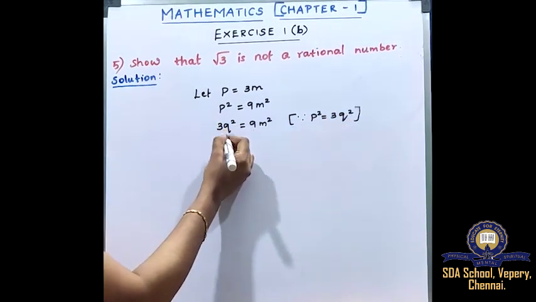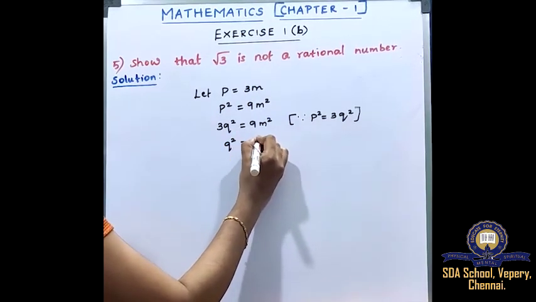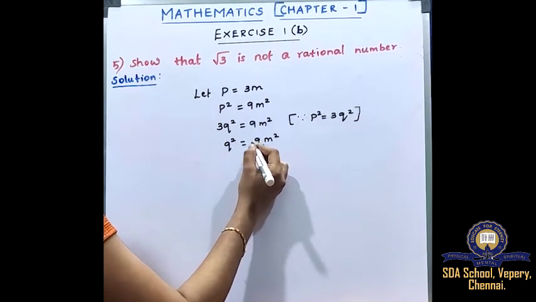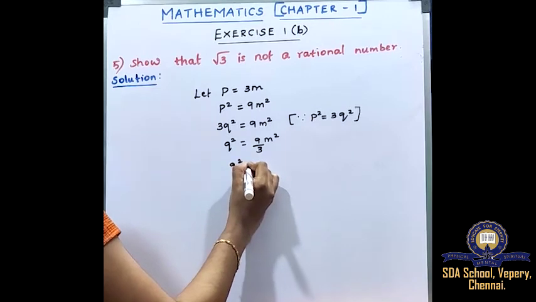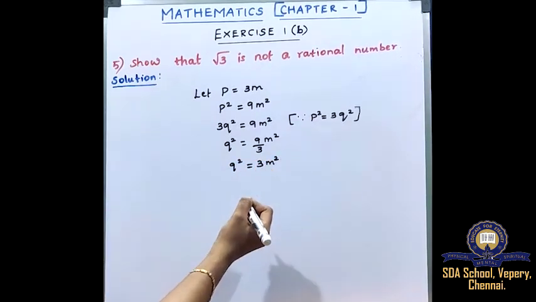Now if you bring this 3 to the other side, what will you get? q square equals 9 by 3 m square, right? So when you cancel this, you will get q square equals 3m square, right?